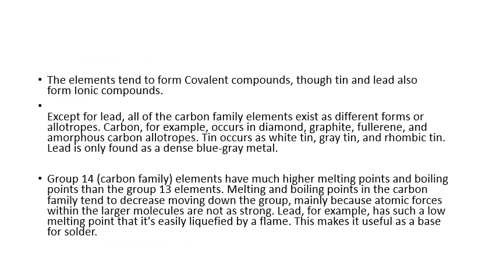The elements having 4 electrons have the ability to form covalent compounds, though tin and lead also form ionic compounds. Having 4 electrons in the outermost shell, they have the ability for sharing and form covalent compounds, though tin and lead have the capability to form ionic also.